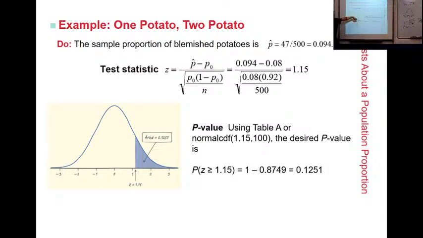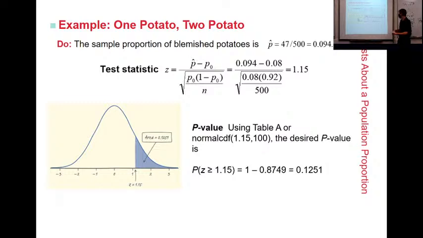So this is what the distribution looks like and the probability that we're trying to find. And we're going to do that in the calculator. I'll show you how to do that in just a second, how to get out this value. But before I do that, I want to do our step 4.